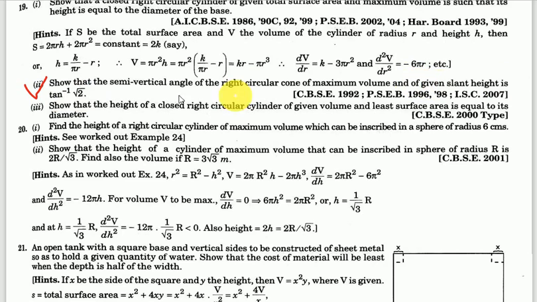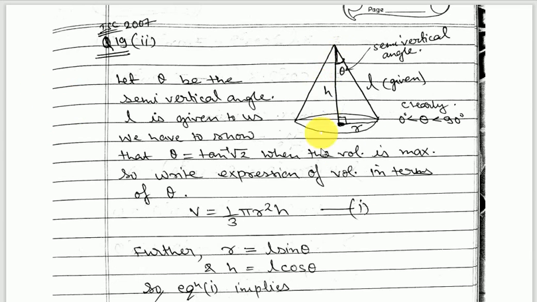So here we have got a cone. When you join this vertex and the center of this base, the angle made between this axis and this slant height is called semi-vertical angle.